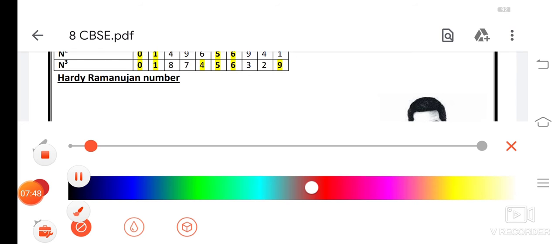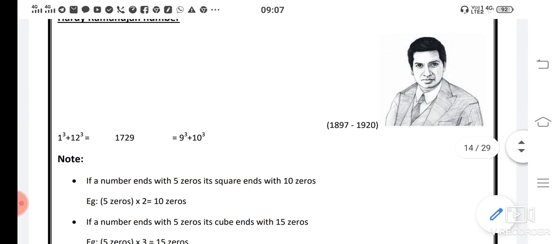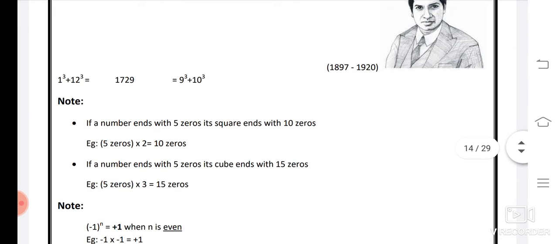So this is one magic number. Here 1 cube plus 12 cube, if you do, you will get 1729. Then 9 cube plus 10 cube, if you do, you will get 1729. This is the Hardy Ramanujan number.